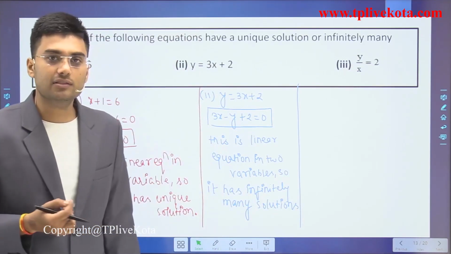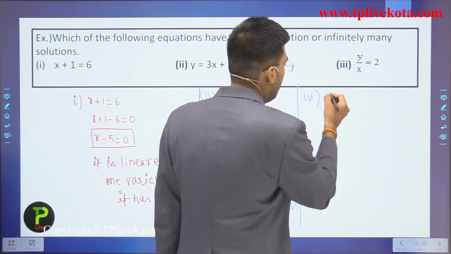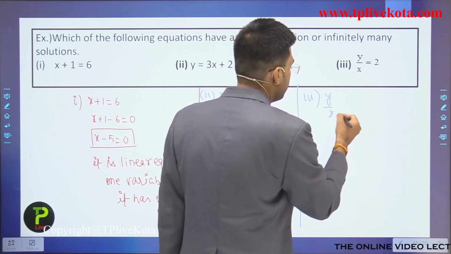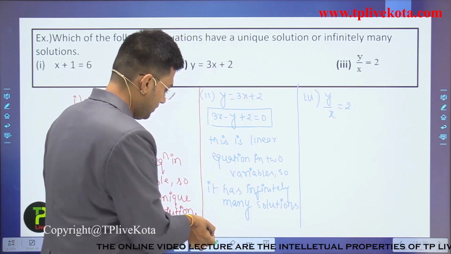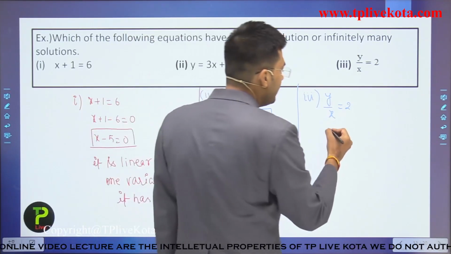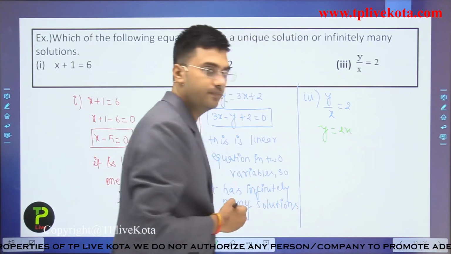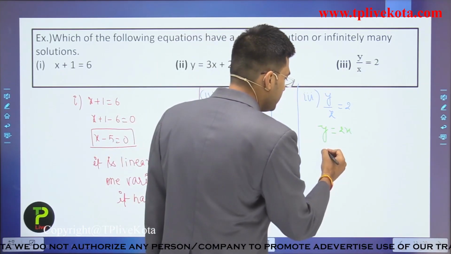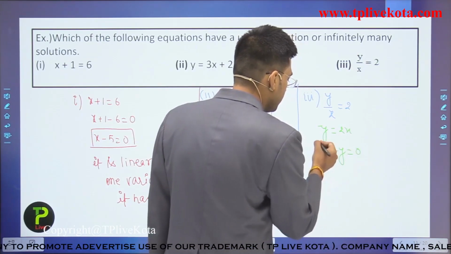Now after the second, the next is y divided by x equals 2. So we can write it as y is equal to 2x, and it becomes 2x minus y equals 0.